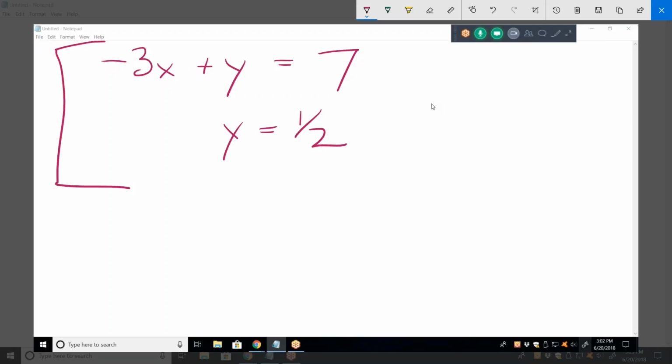Okay. Next one I have is graph the system below and write its solution. So I have negative 3x plus y equals 7. And there's a big bracket in front of it, because I have another equation that I'm going to put down below. And that's going to be y equals 1/2 x plus 2, like this.